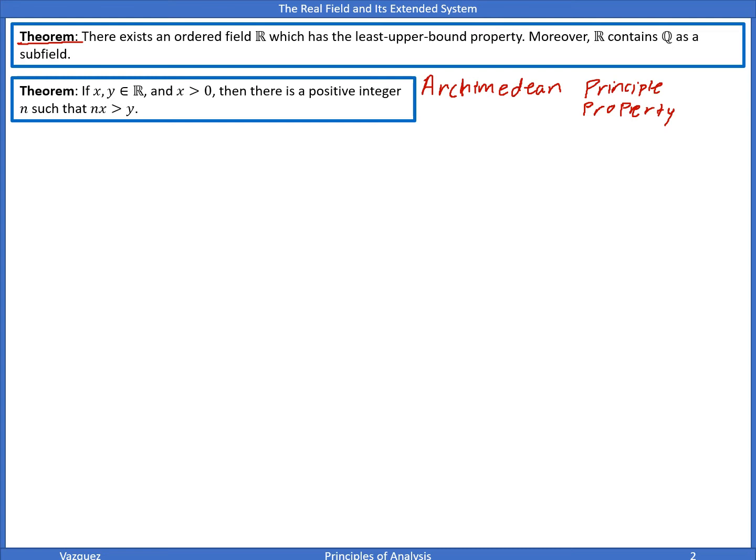You can find it in Walter Rudin's Principles of Analysis. In this case, it would take me, honestly, probably about an hour to go through the proof, which is why I'm not stating it or proving it here. But we do have to keep this theorem in mind. It is an important one, that R is an ordered field and it does have the least upper bound property. So I'm just going to erase this so we can move on.